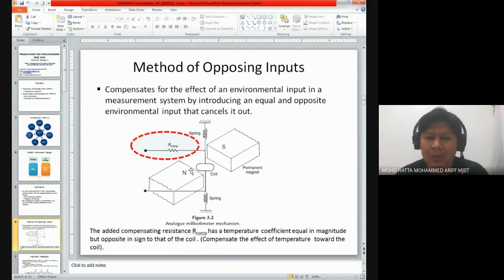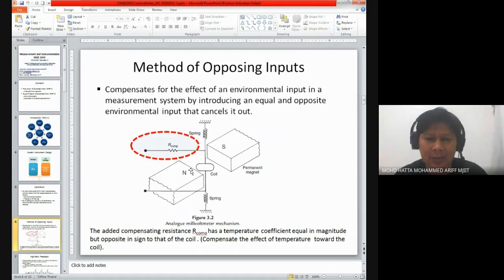Methods of opposing inputs. Maybe this is also one of the techniques to reduce the systematic error. In this example, we try to add compensating resistance. If you look at the description here, it compensates for the effect of environmental input in a measurement system by introducing an equal and opposite environmental input that cancels it out.